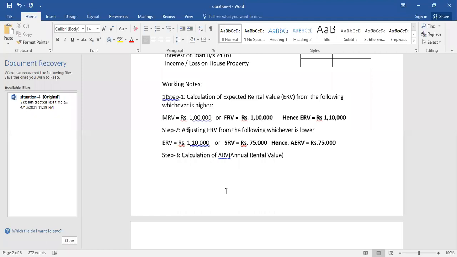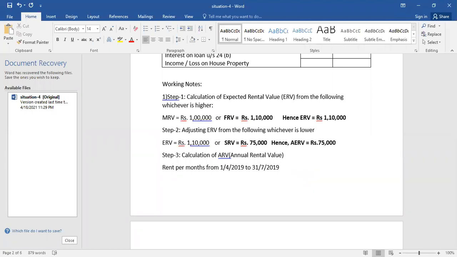So the rent per month from 1st April 2019 to 31st July 2019 is how many months?